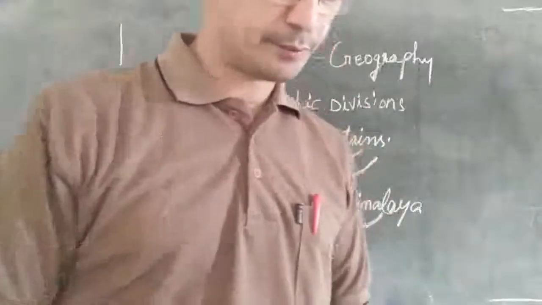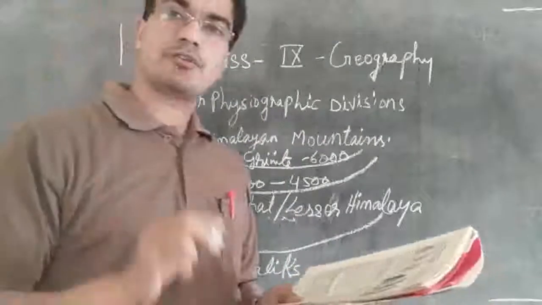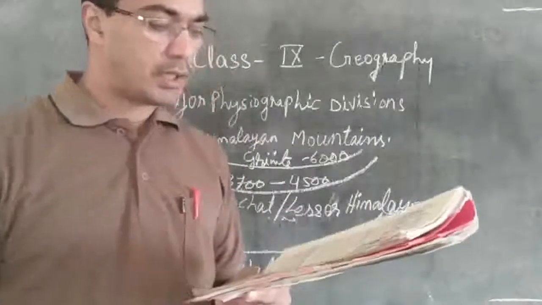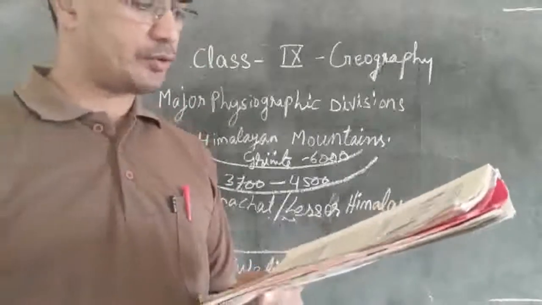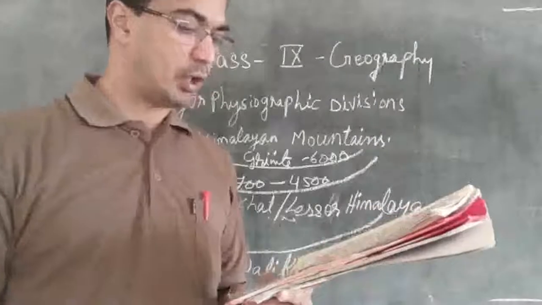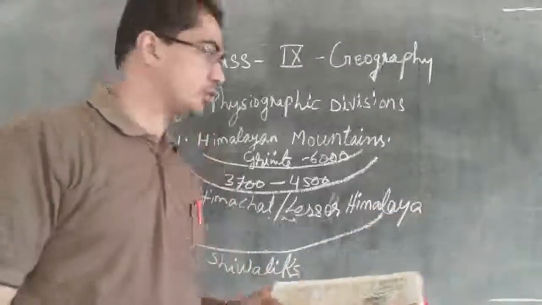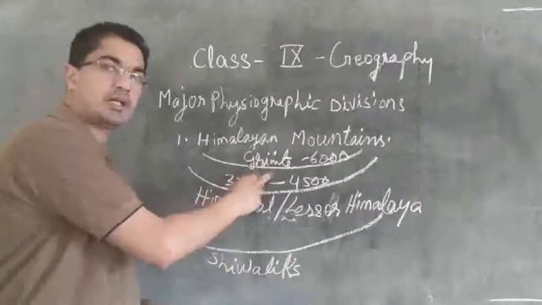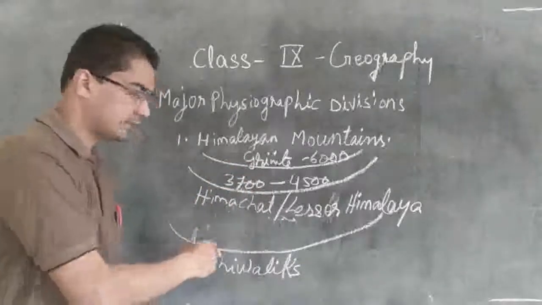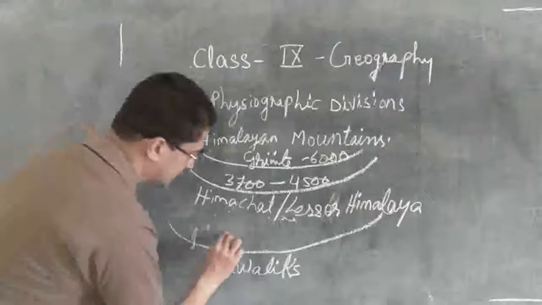1100 meters. And these ranges are composed of unconsolidated sediments brought down by the river from the main Himalayan ranges located farther north. So we said different ranges are made of different things. So here it is made of sediments.